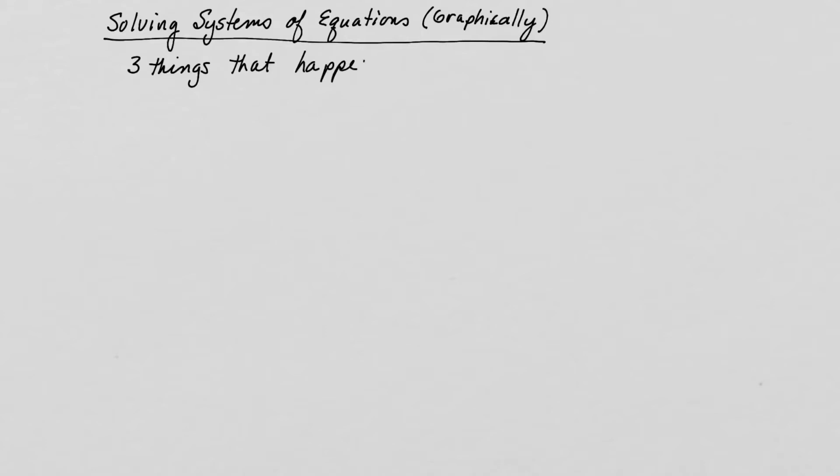So if you think about it, if I have a coordinate system and I have 2 lines, so I'll draw the 2 lines in blue. One of the things that could happen is that the 2 lines could intersect each other. And this point here where they intersect each other, that's the answer.